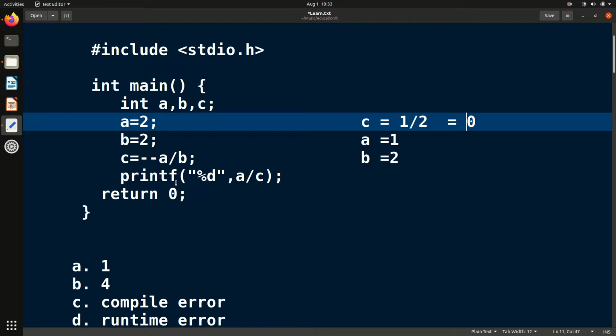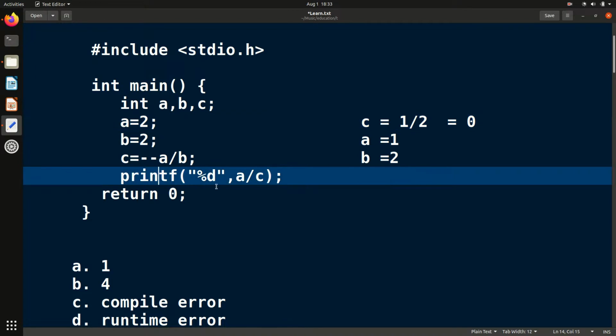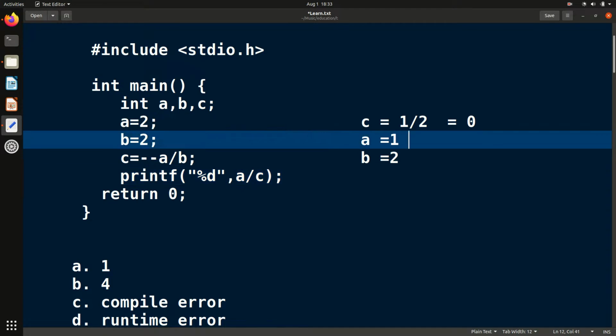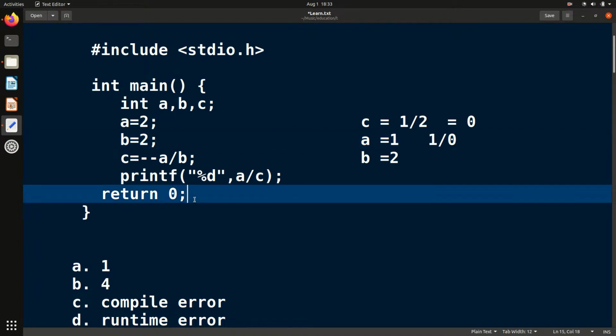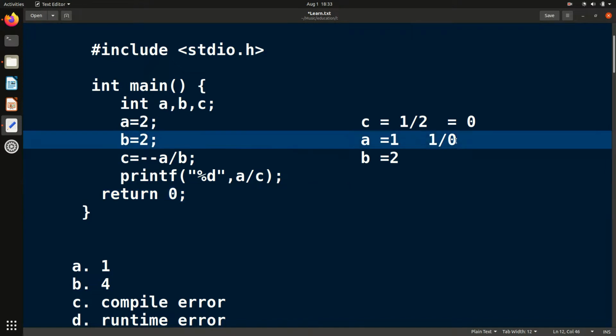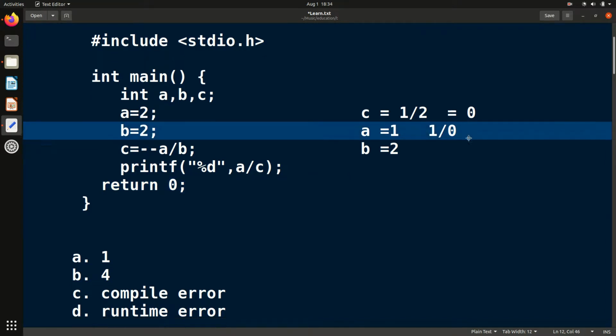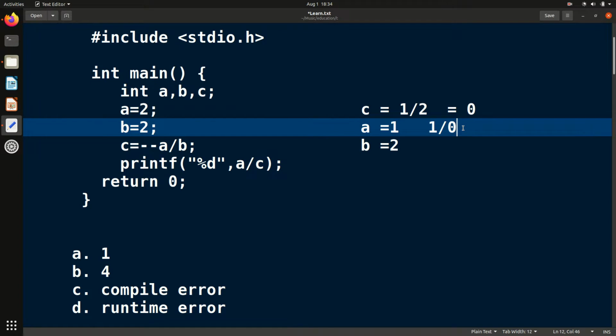Now we have to print the value of a by c. So a is 1, c is 0, so we have to print 1 by 0. This is the key point: the moment you get division by 0 anywhere inside the code, it becomes a runtime error, because we know that we cannot divide by 0.